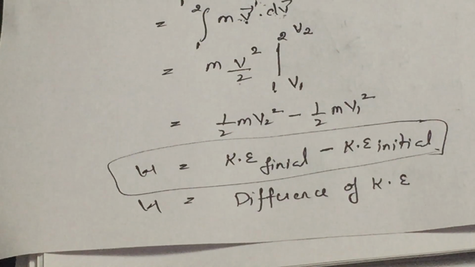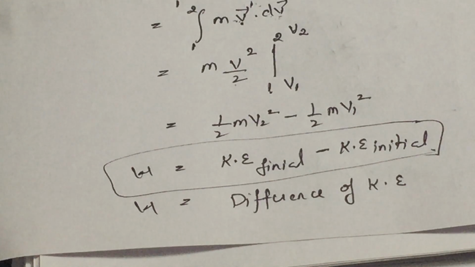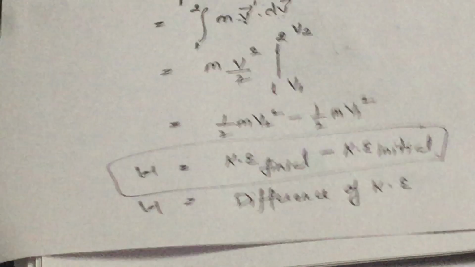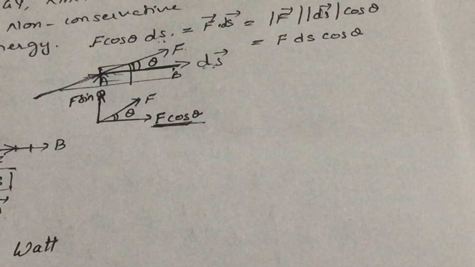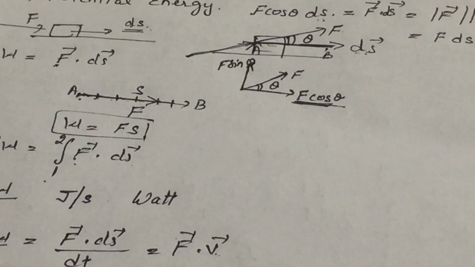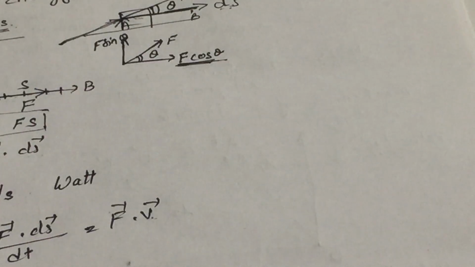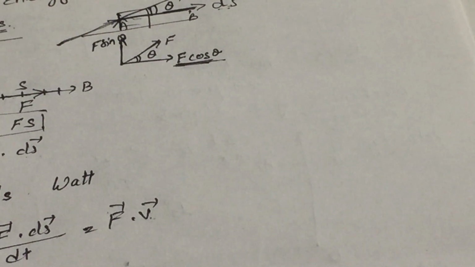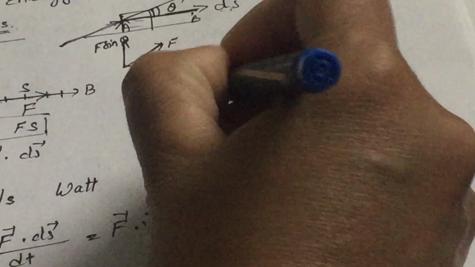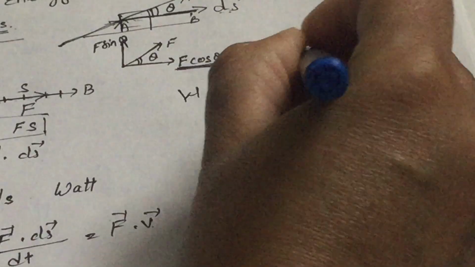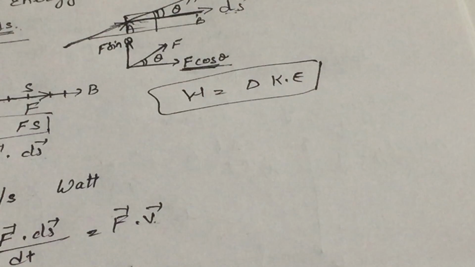So what is the work energy theorem? It indicates that the change in the kinetic energy is equal to the work done. If someone asks how much change there is in the kinetic energy, we can easily say that it is equal to the work done by or on the body. It means work can be given as the change in the kinetic energy. This is the relation between kinetic energy and work done.